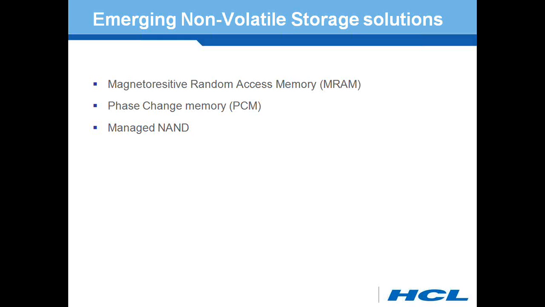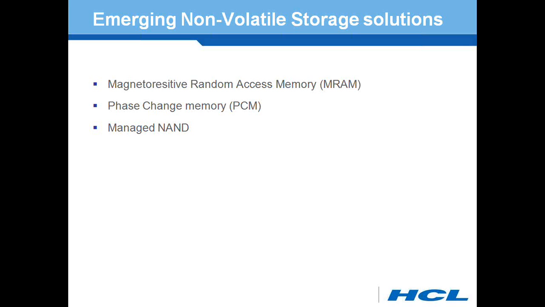Similar to this, one more non-volatile memory is phase change memory. This doesn't require any arrays. There is no need to program a page even to alter a single byte.